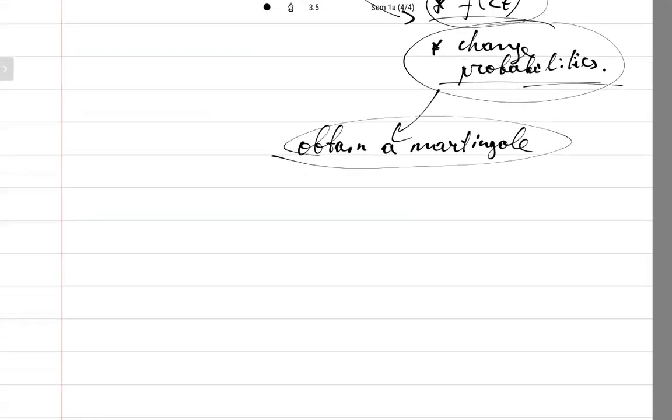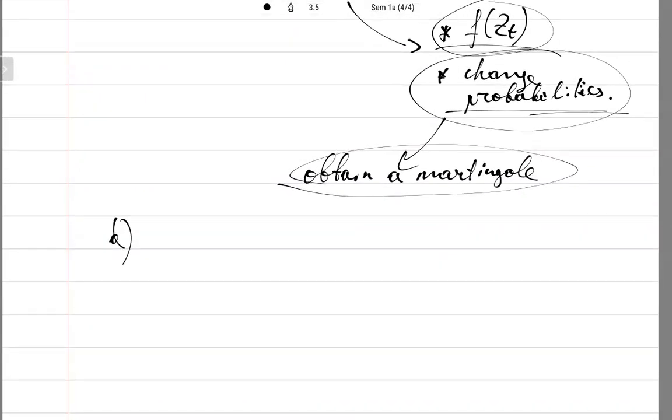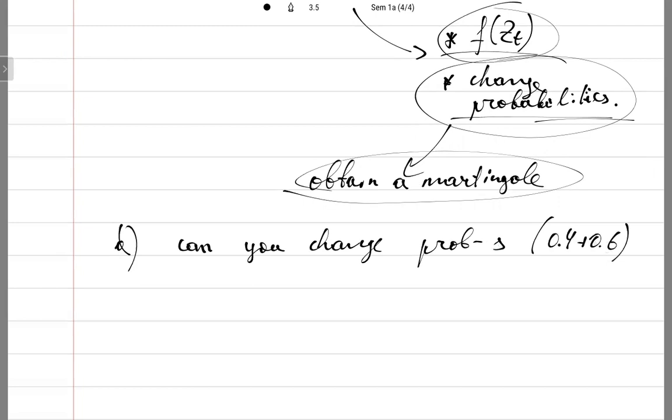Okay, let's consider point D. First question: can you change probabilities? I remember there was 0.6 plus 0.4.